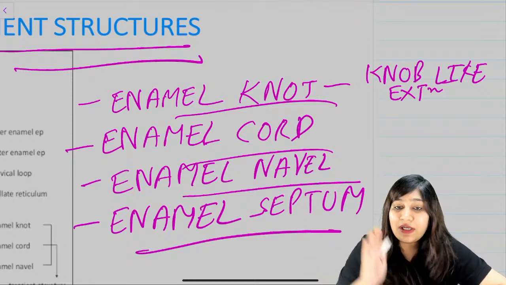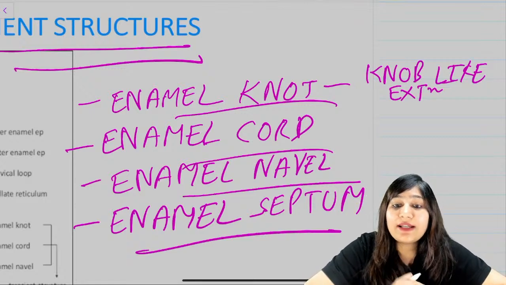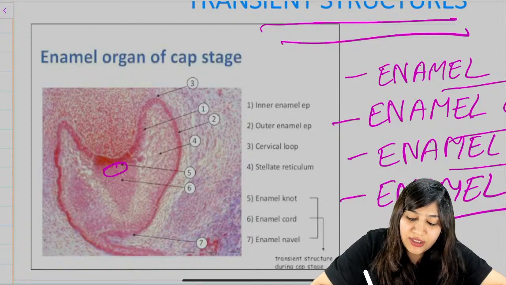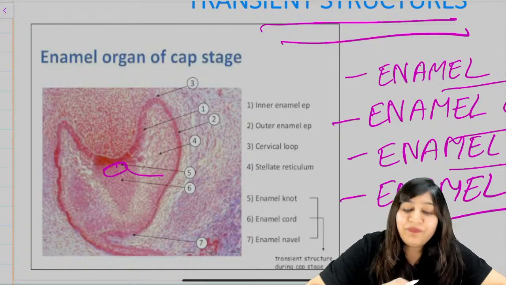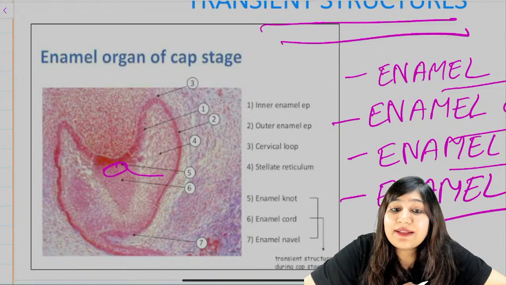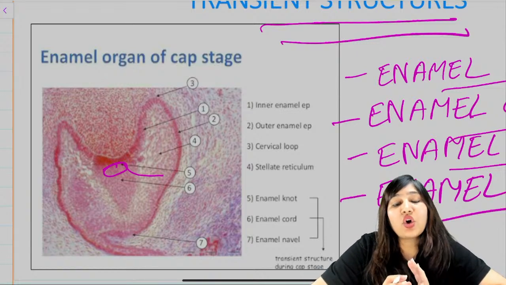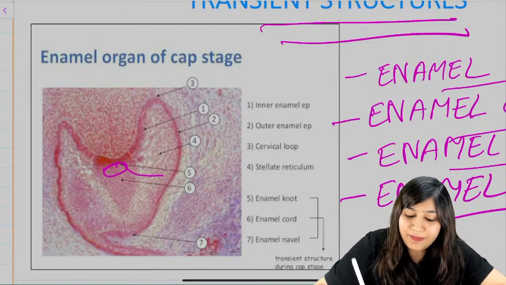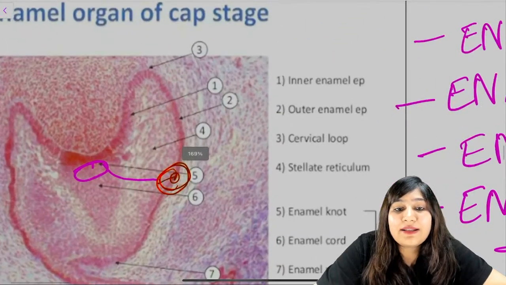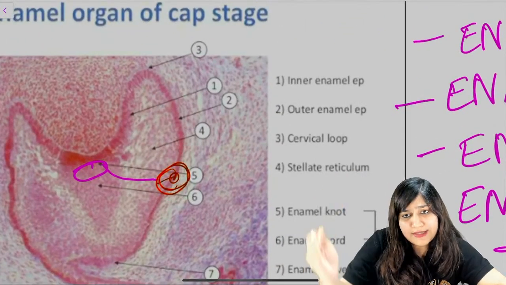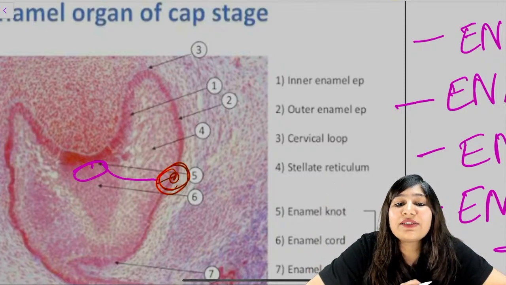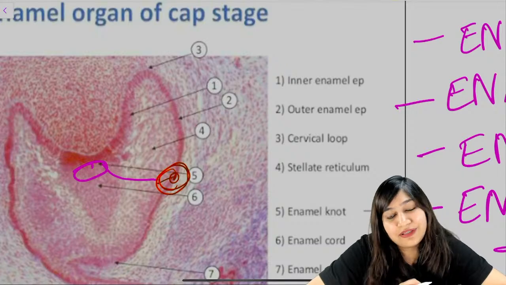It is mainly a vertical extension of the enamel knot towards the outer enamel epithelium. The point where the cord meets the outer enamel epithelium is our enamel septum. At this point we can see a depression just like a navel, hence it is known as the enamel navel.